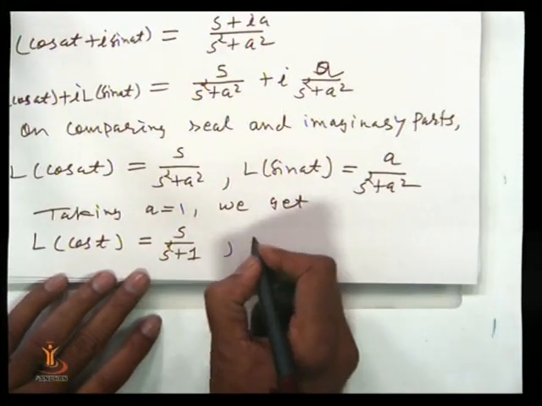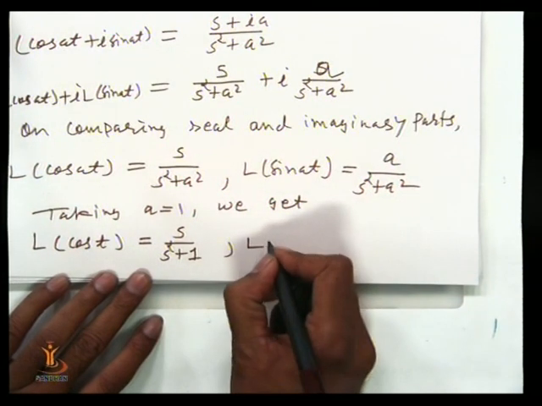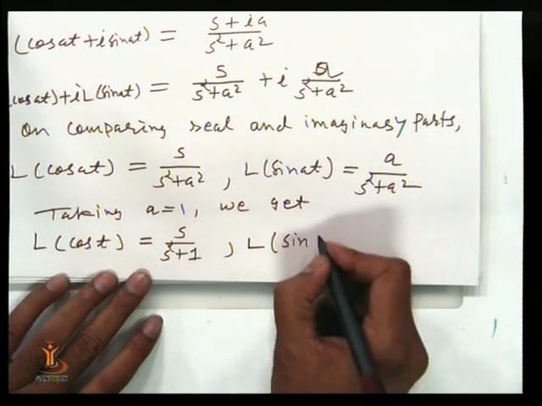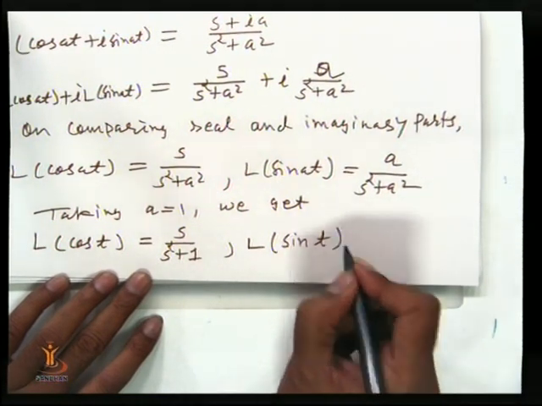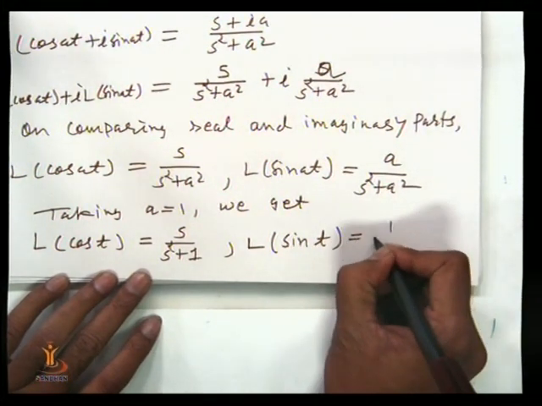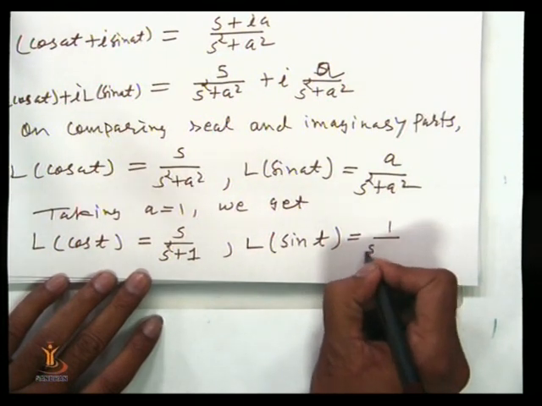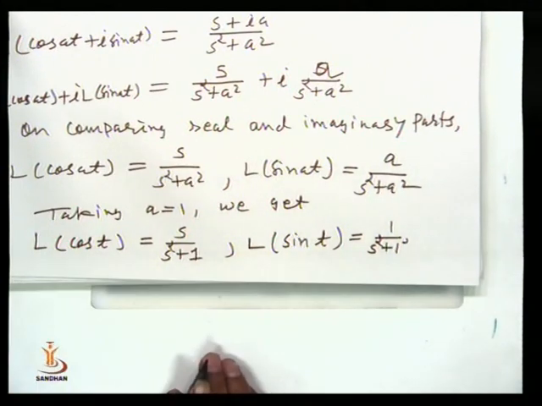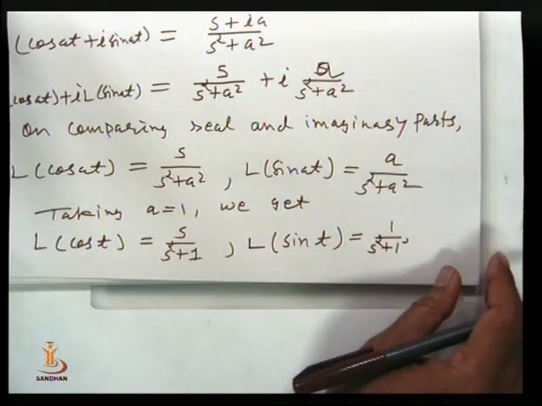And in the second formula we again put a equal to 1, so that Laplace of sin t equal to 1 upon s square plus 1 square, that is 1. So here again we have obtained two formula, Laplace of sin at and Laplace of cos at.